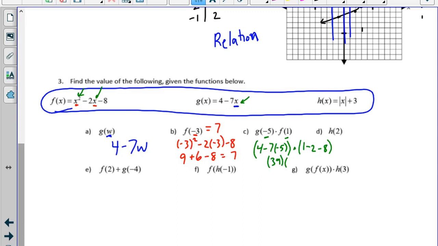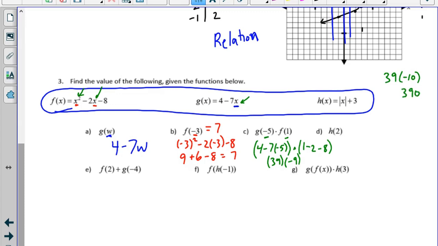And then 1 minus 2 is negative 1, minus 8 is negative 9. So I have 39 times negative 9, sorry. Remember, you won't have a calculator on your test in this case. So if I have 39 times negative 9, I can kind of think of that as 39 times negative 10, which is 390.